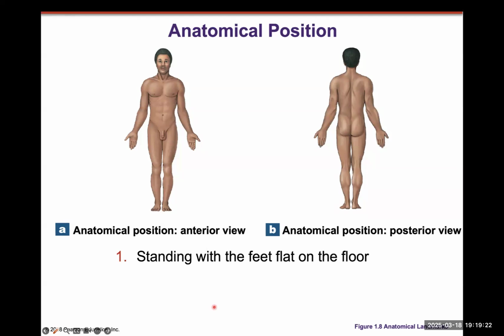So what that is, basically, you're standing with both your feet down. Humans walk on 2 feet. We're not like other animals that walk on 4 feet. Our body's in a different position compared to a dog or a cat or an elephant. So, in the anatomical position, first you need to be standing flat on the ground, so your 2 feet are flat on the ground.